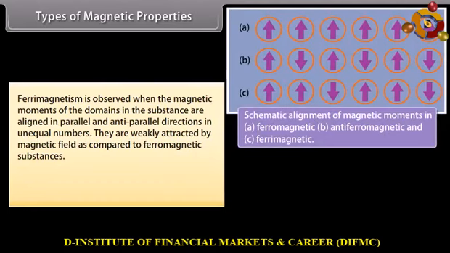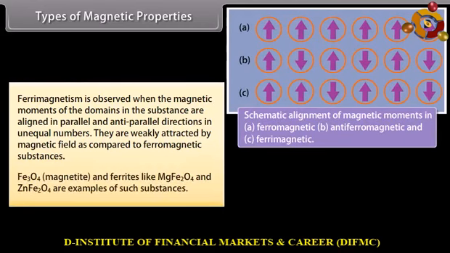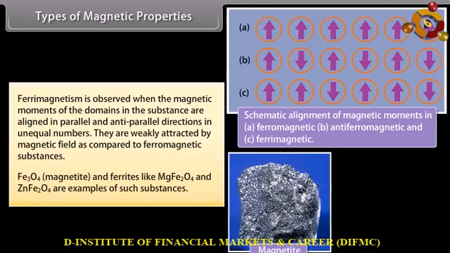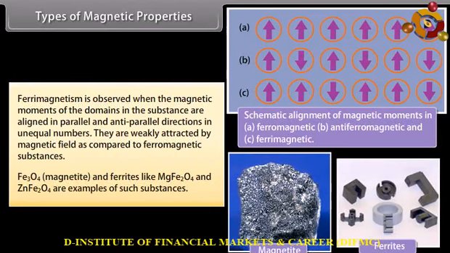Ferrimagnetism is observed when the magnetic moments of the domains in the substance are aligned in parallel and anti-parallel directions in unequal numbers. They are weakly attracted by a magnetic field as compared to ferromagnetic substances. Fe3O4, magnetite, and ferrites like MgFe2O4 and ZnFe2O4 are examples of such substances.